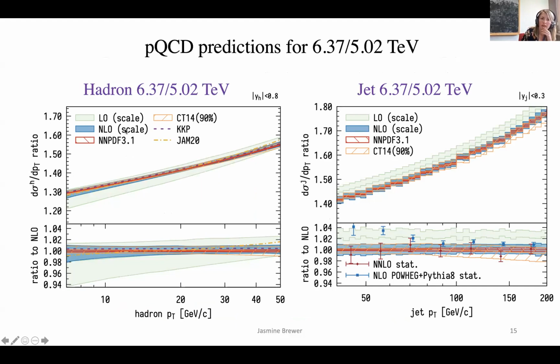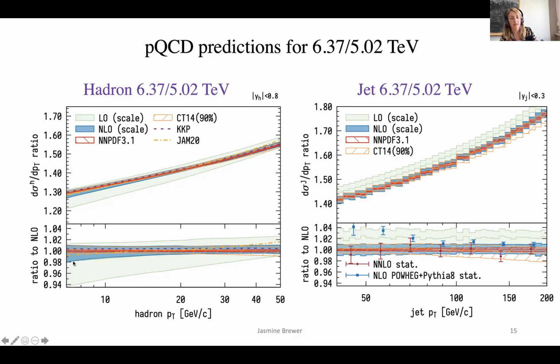What I'm showing here is the ratio of 6.37 to 5.02 TeV spectra for hadrons on the left and for jets on the right. This ratio is what you would use with, for example, measured 5 TeV data in order to try to construct a reference at 6.37 TeV.